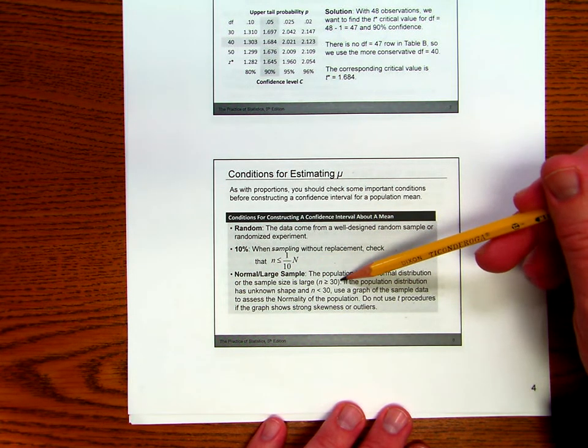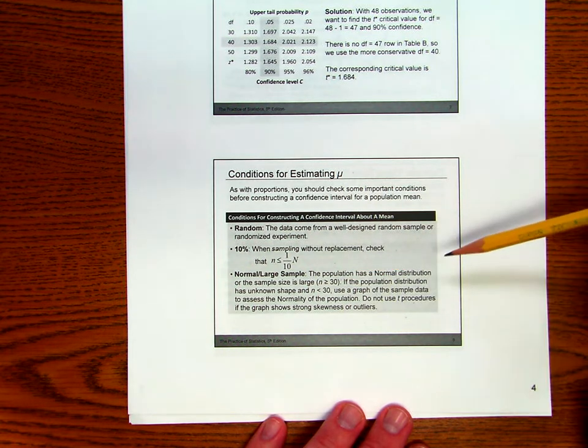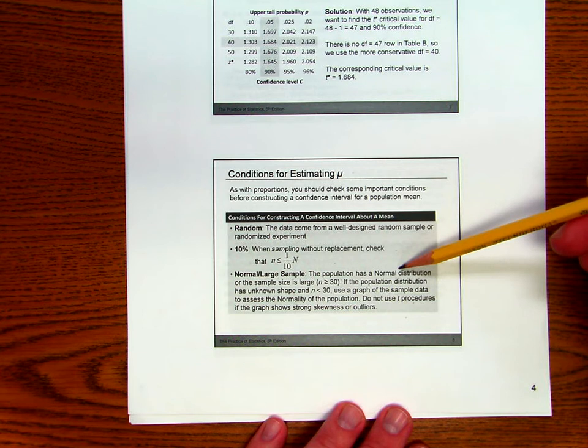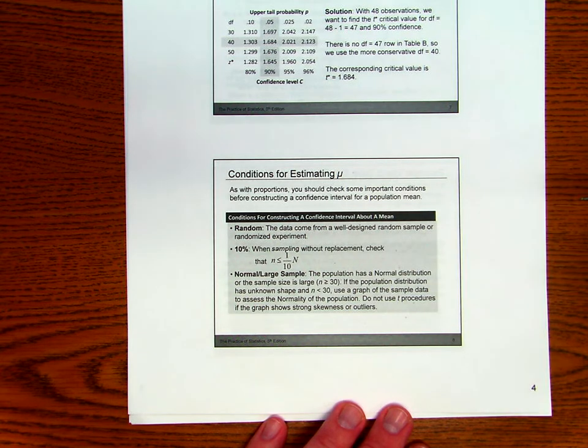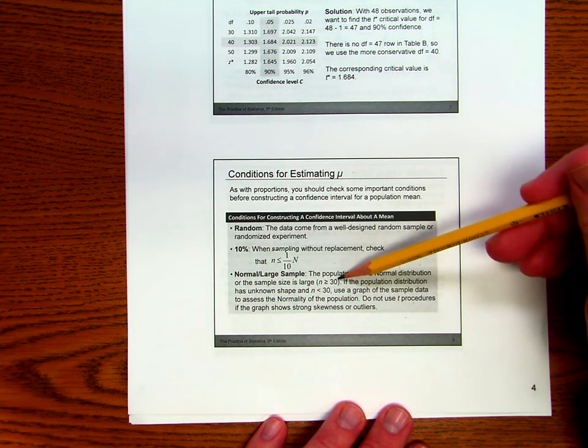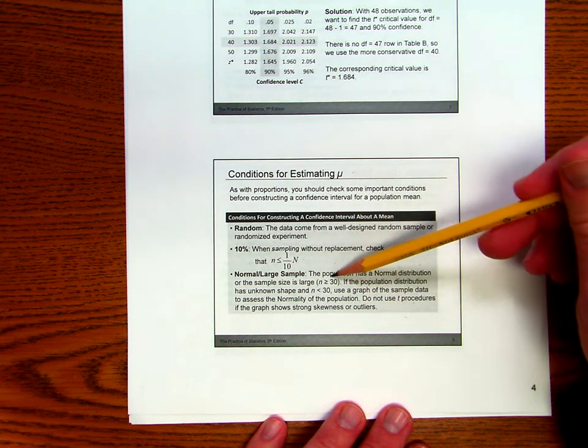And this was the same thing that we had back in chapter 7. If we know that the population distribution is approximately normal, then sample size doesn't matter. If our population is unknown in terms of its shape, or it's distinctly not normal, we need to have a sample size of at least 30.